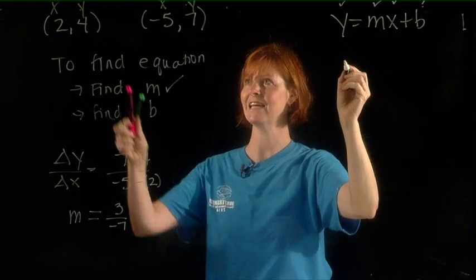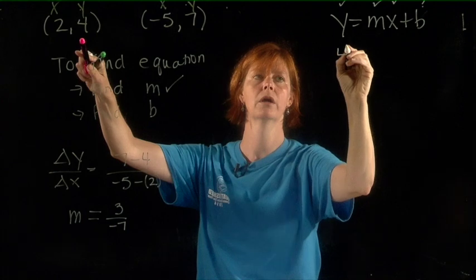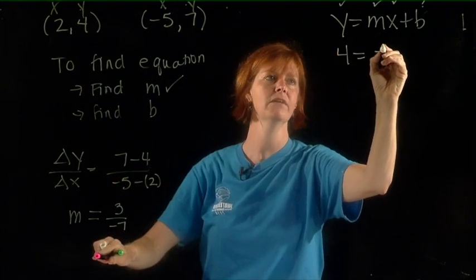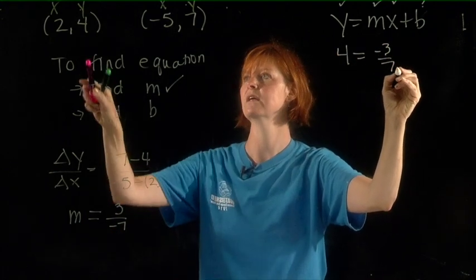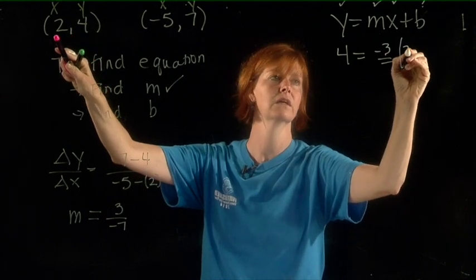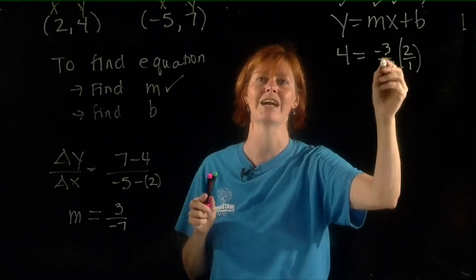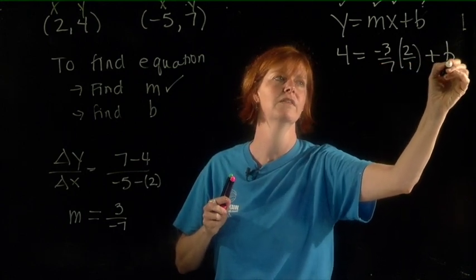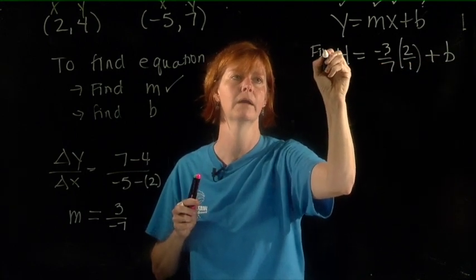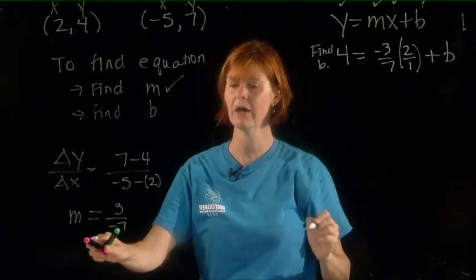But it's easy. So here we go, 4, and then this is -3/7, and then x. Notice I went ahead and wrote that x as 2/1, just because when I'm dealing with fractions, I like to see the denominator. This is the find b step. We already found m.